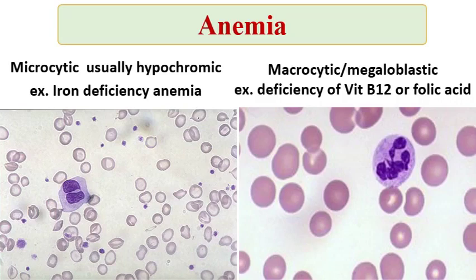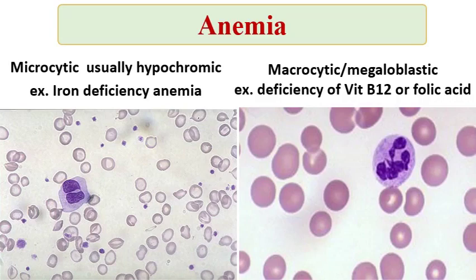But RBCs contain only a cell membrane. They have no nucleus or organelles. So it is not a true cell, and it is sometimes called a red blood corpuscle, not a red blood cell.